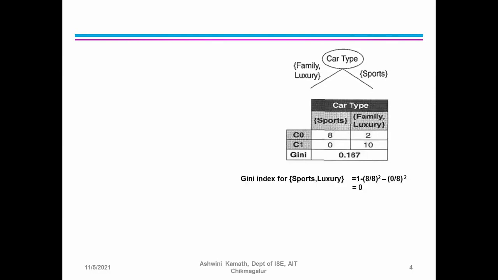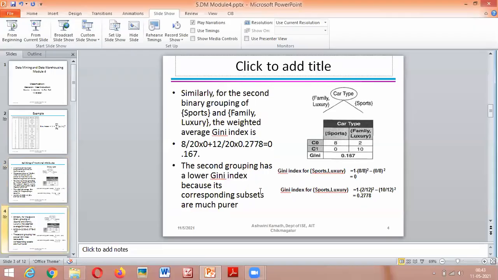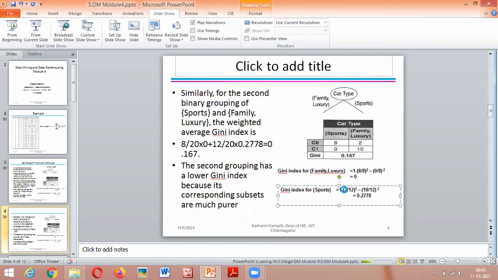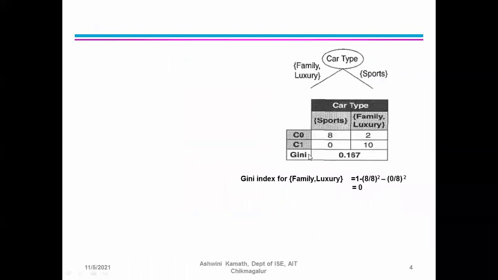Okay, so here is the Gini index for sports, and this is for family and luxury.